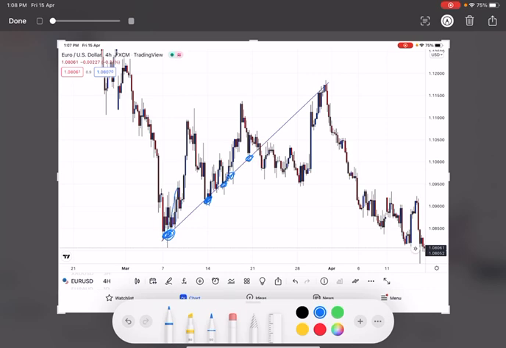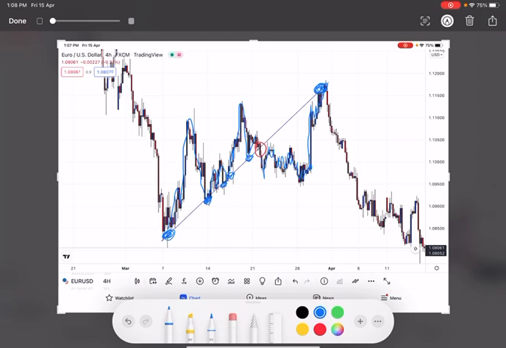Eventually, price traveled and respected it several times. However, it broke over here. The price broke below the trend line that you've marked, continued sideways, and then moved all the way up to your trend line level again.